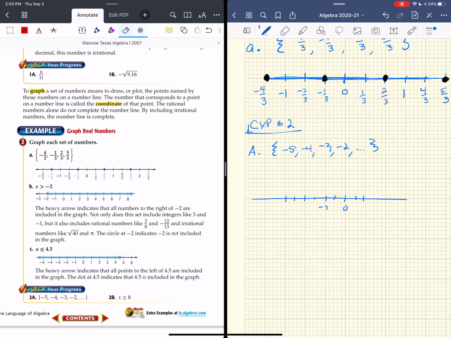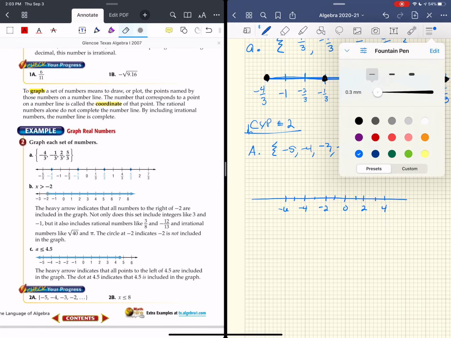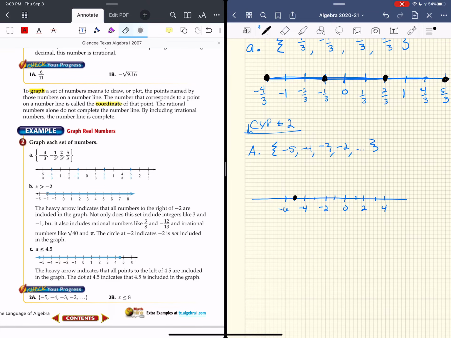So that's -2, that's -4, that's -6, that's +2, that would be +4, and so on. We start with a solid dot on -5. We don't want to keep shading in the whole number line because nothing between -5 and -4 worked. It's just that -4 is next, and then -3, and then -2, and -1, and 0, and so on.